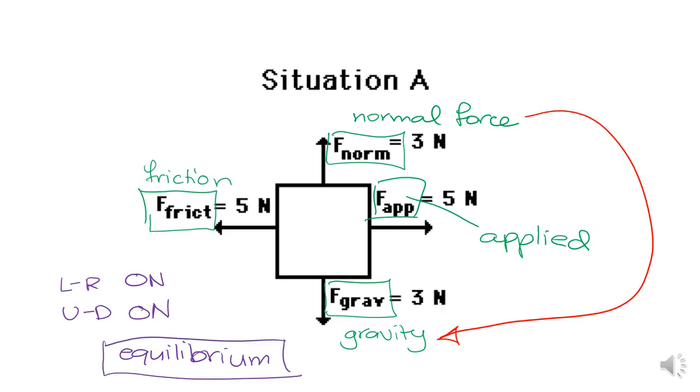So what that means is, think about Newton's first law. An object in motion remains in motion, an object at rest remains at rest, unless acted upon by a force. So this object is at equilibrium, which means that it is not changing its motion.